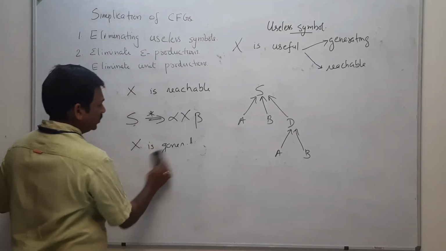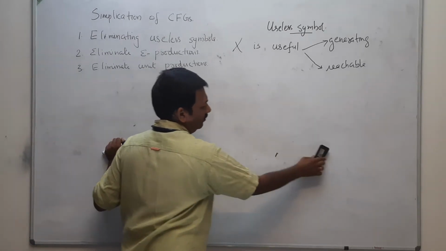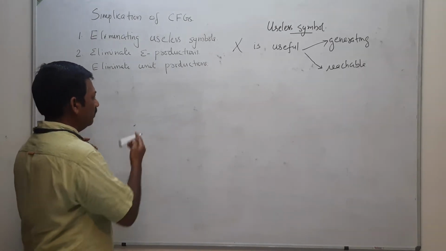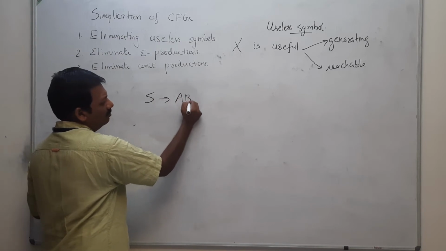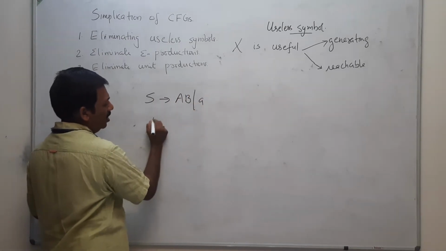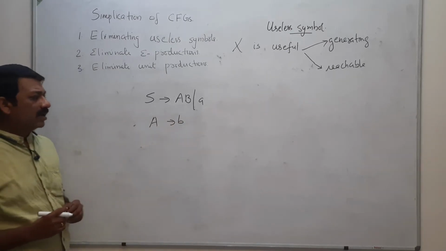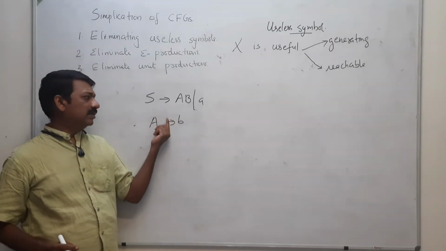So I will show you an example. S derives AB or A, and A derives b. Suppose that we have a grammar like this.